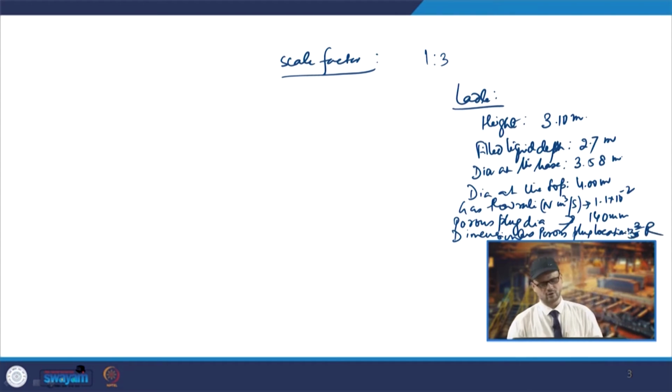Now, if you talk about making the model, you take the scaling factor.